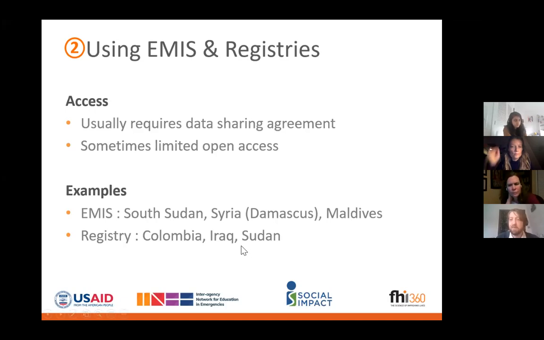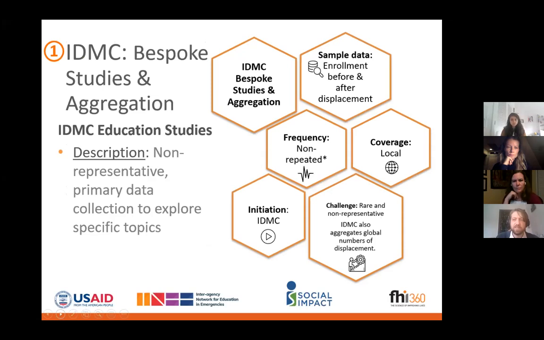And then other contexts that might experience some displacement, perhaps due to a natural disaster, include the Maldives and so forth, that have dynamic EMIS systems. Registry examples include Colombia, Iraq, and Sudan. These are not exhaustive lists, but just to give you an idea of where you might look for some examples.